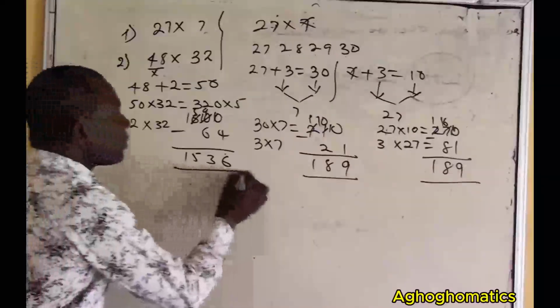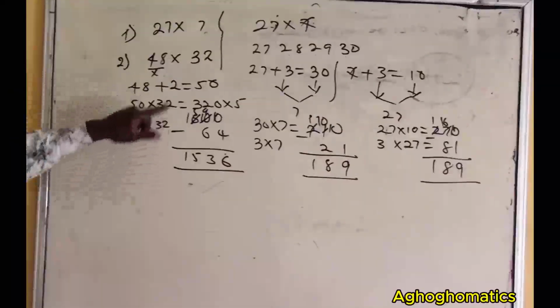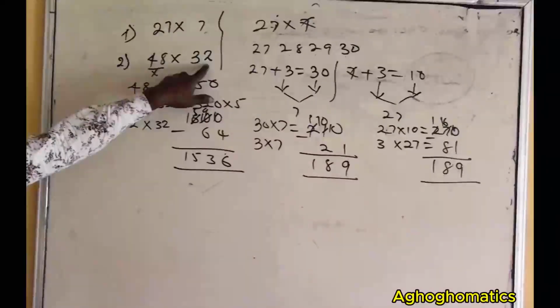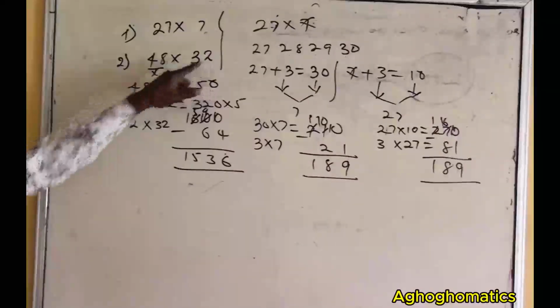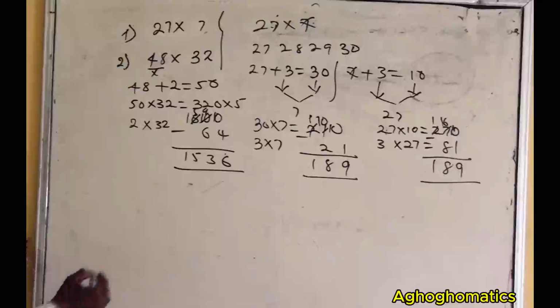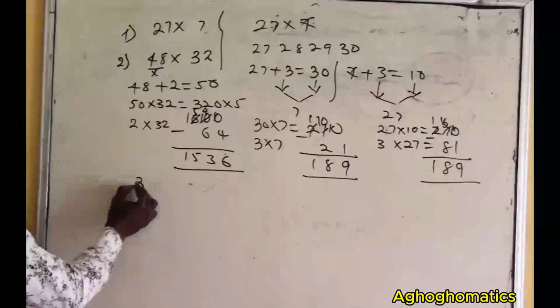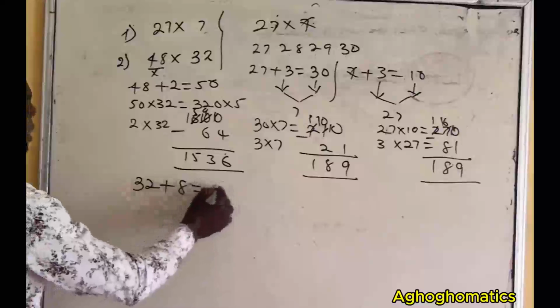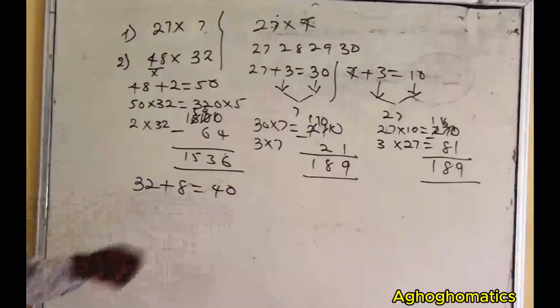This is 1536. Now, let's assume we also want to make use of 32. What number do we need to add to 32 to make it 40? It is 8. So 32 plus 8 makes 40, which is a multiple of 10.